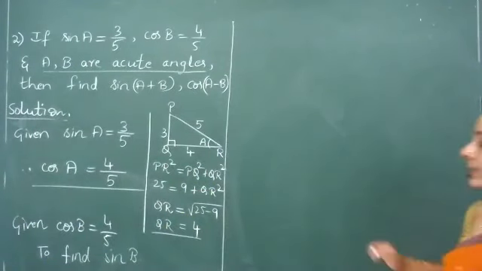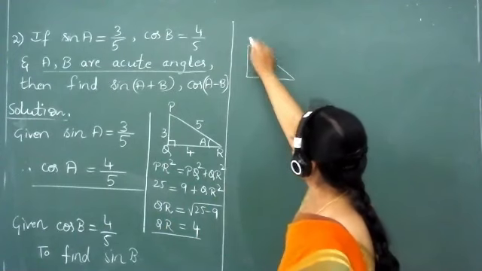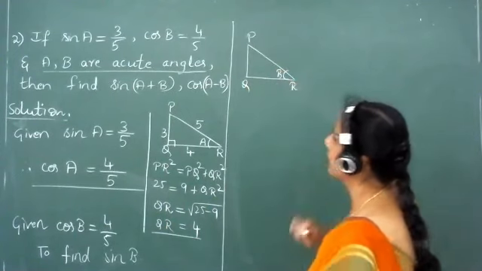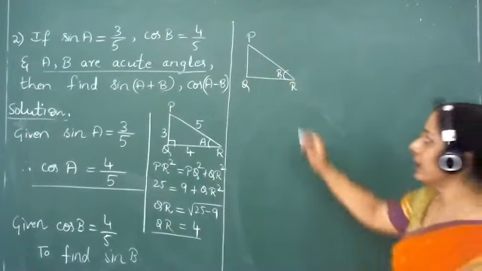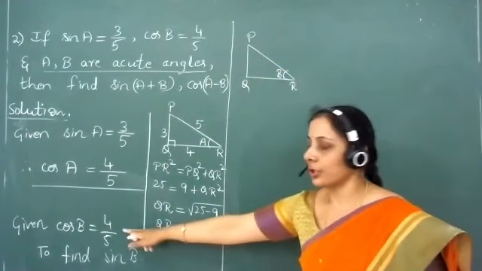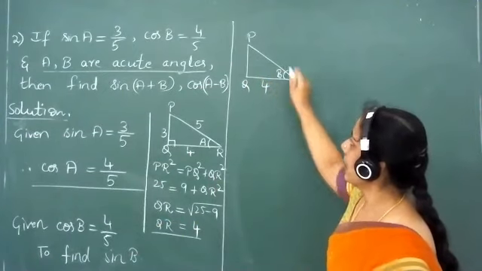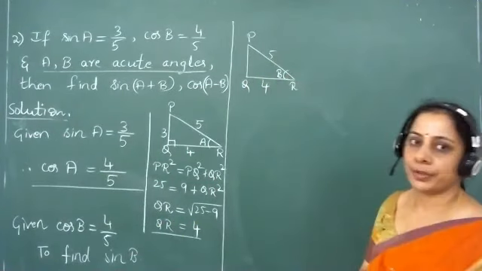So now I will be using again a right angle triangle PQR, but here instead of angle A, I will have to consider angle B and use the definition of cosine of an angle. Cosine of an angle is supposed to be adjacent side divided by hypotenuse.